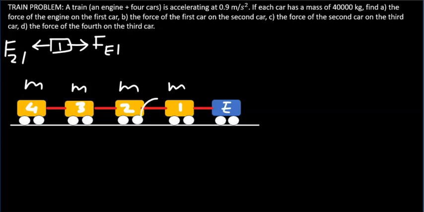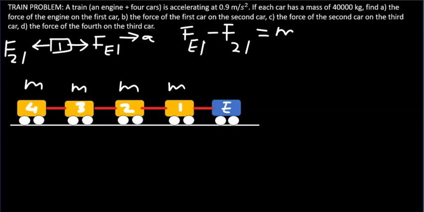Car 1 goes forward with acceleration a given by 0.9 meters per second squared. So you can write the force by engine on car 1 minus the force by car 2 on 1 equals the mass of car 1, for now let's take that to be m, times the acceleration of car 1, which is just a. Let's call this equation 1.